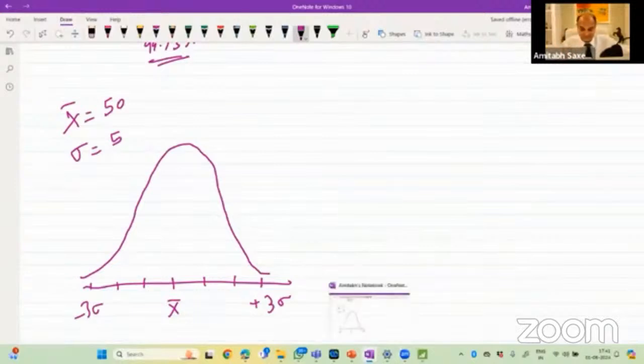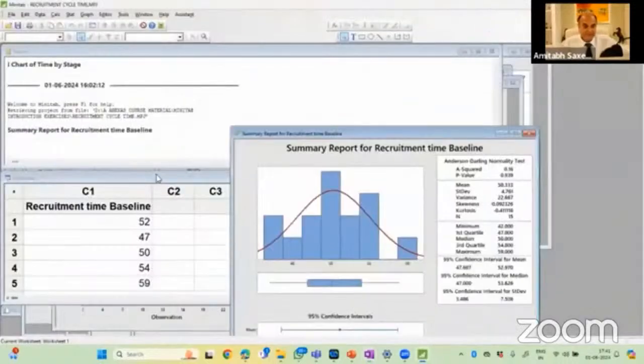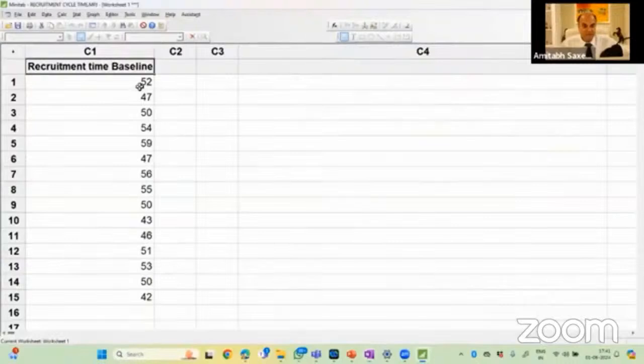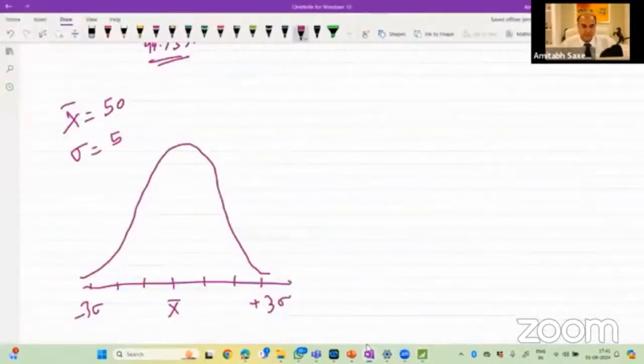See, let us look at this. These were the samples, 52, 47, 50. These were the recruitments. But when we calculate the average and standard deviation, it will tell me.